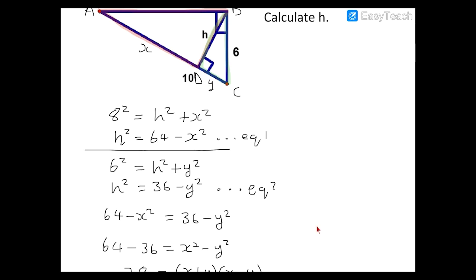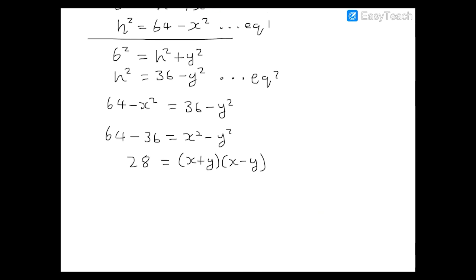So I will substitute 10 for x plus y. So I get 28 is equal to 10 multiplied by x minus y, and I get x minus y is equal to 28 over 10, which is 2.8.